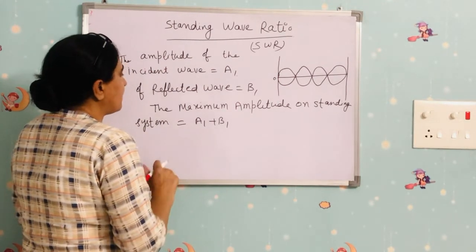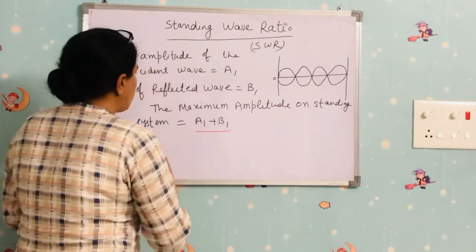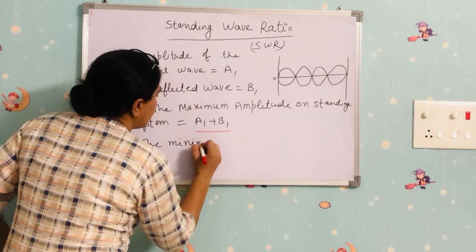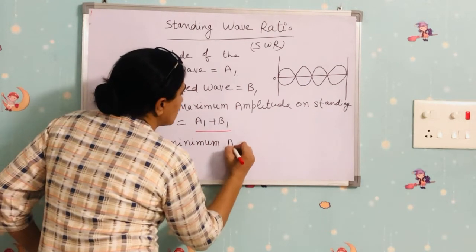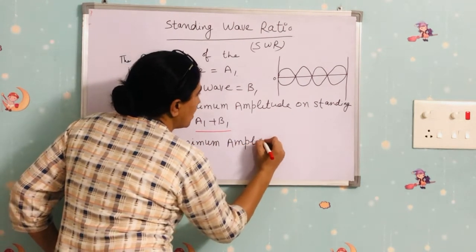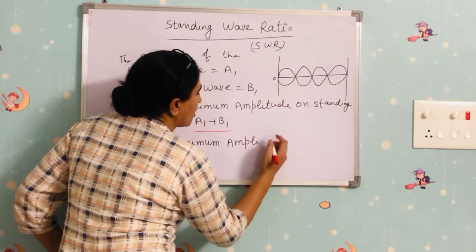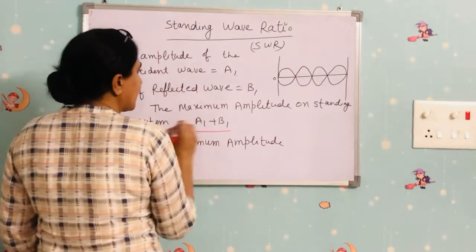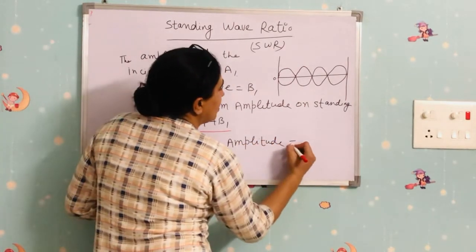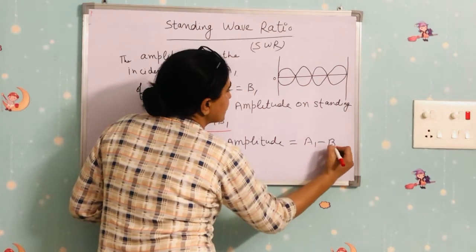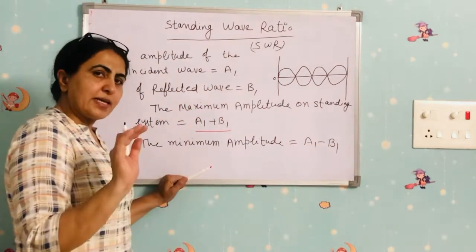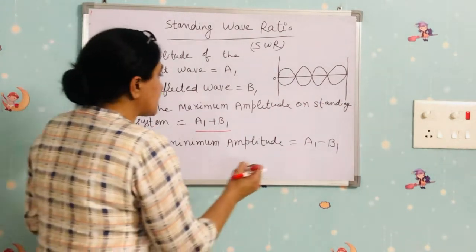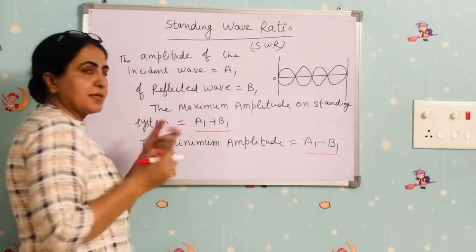Now the minimum amplitude of the standing wave, or on the standing system, is A1 minus B1, or B1 minus A1. You can take anything. Clear? This is minimum and this is maximum.